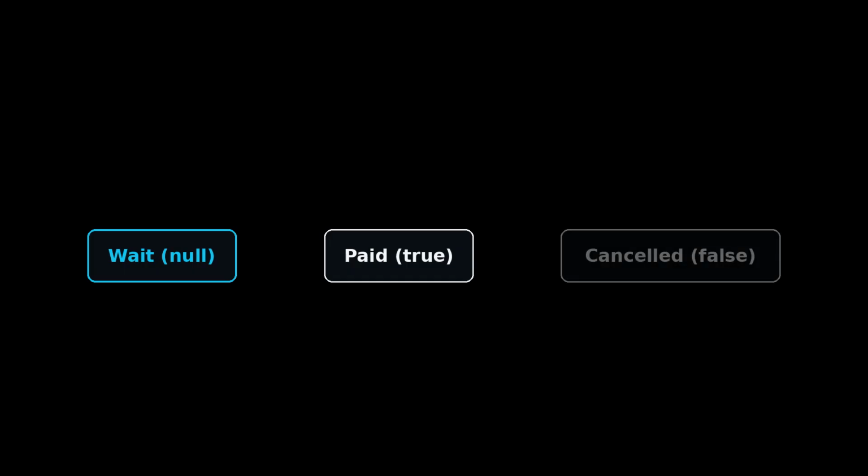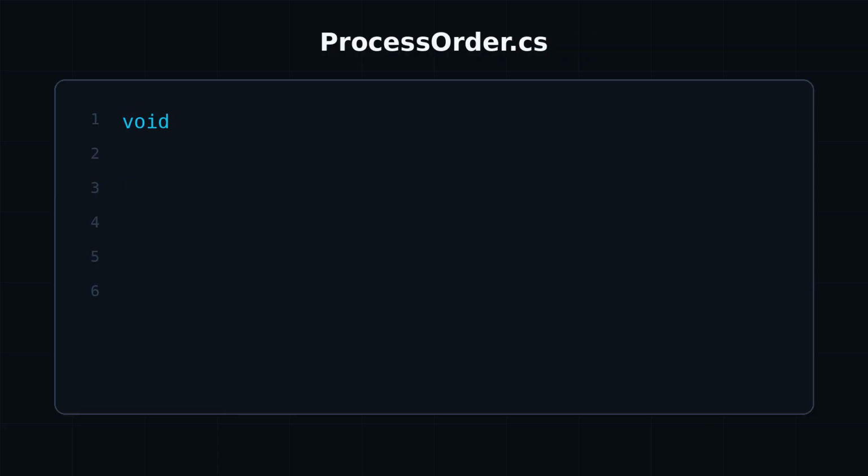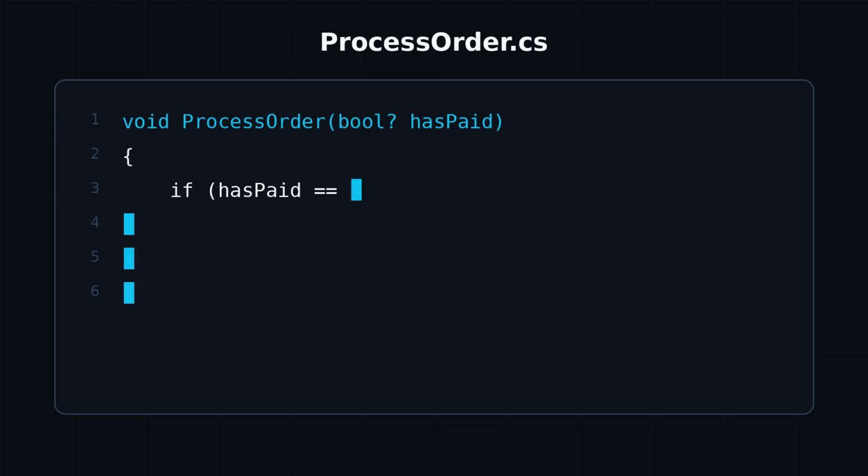The nullable Boolean sharpens the problem. In C#, bool? is a value type that admits true, false, or null. That third state often maps to a no-op or a deferred action, effectively turning a function into a three-state automaton. Consider a method ProcessOrder(bool? hasPaid).